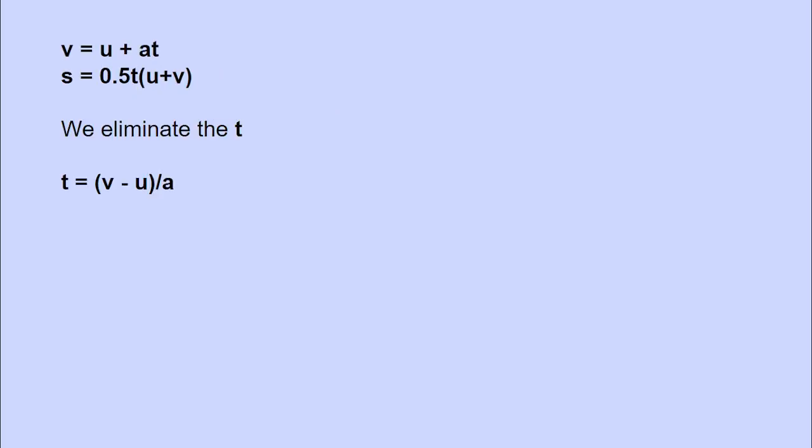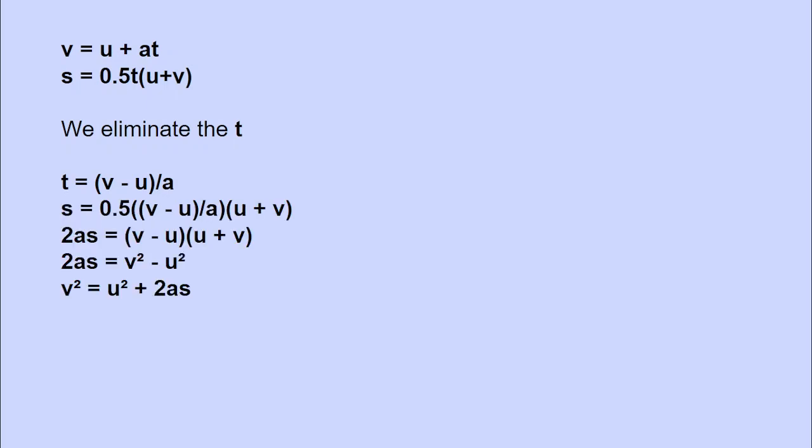Imagine we want to eliminate the t. Well, we can rearrange the first equation to give us t equals open bracket v minus u close bracket divided by a. We substitute that formula into s equals 0.5t open bracket u plus v close bracket.